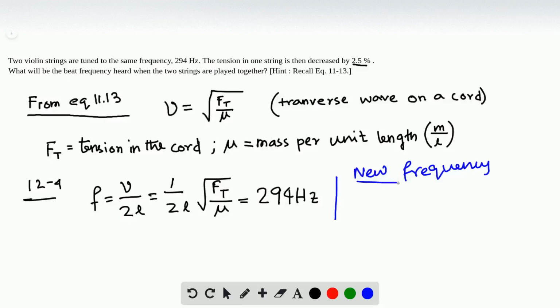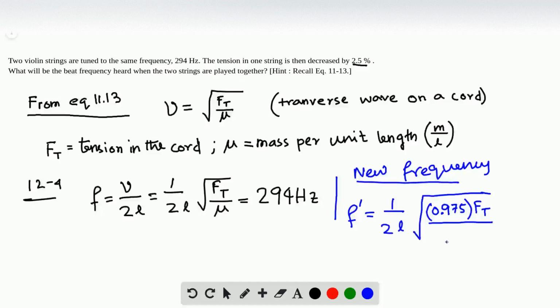will be f prime, which is equal to 1 over twice L. And if it's decreasing by 2.5%, that means it's 0.975 of the initial tension, and then we have the mass per unit length.